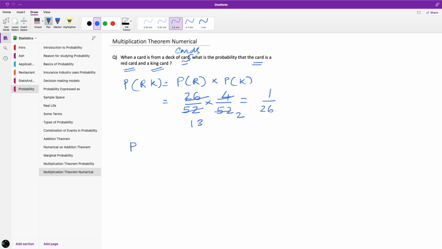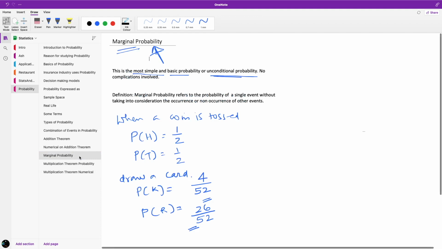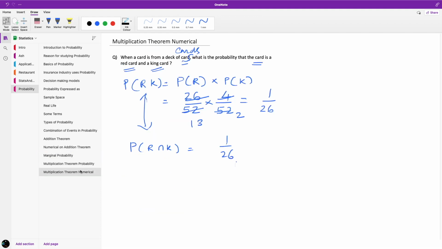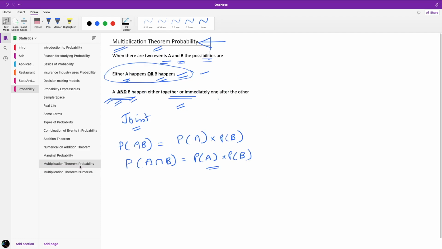So the probability of getting a red and king card, written either way, is 1 over 26. Today we have seen marginal probability, and also the multiplication theorem on probability.